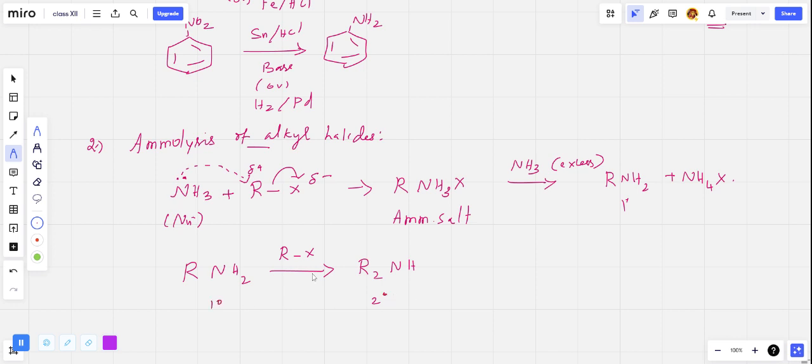If alkyl halide is in excess, we will get primary, secondary, and tertiary amines. Again it reacts with alkyl halide to give R3N, and with one more molecule of alkyl halide we get a quaternary ammonium salt. Understood?